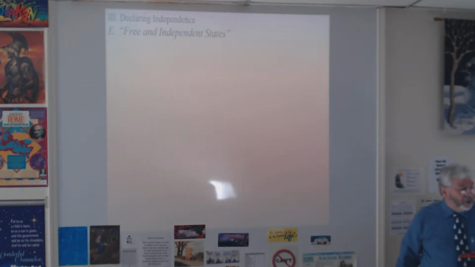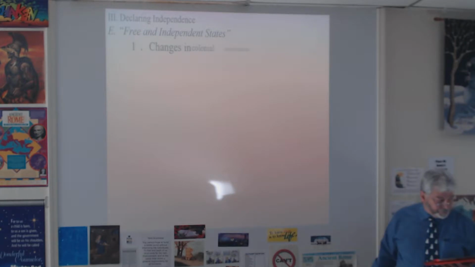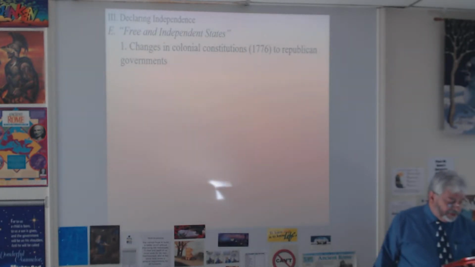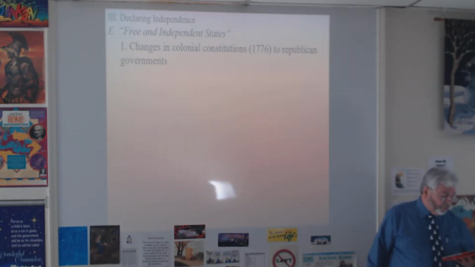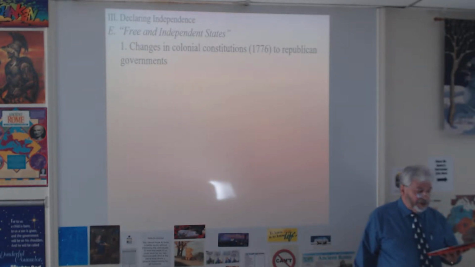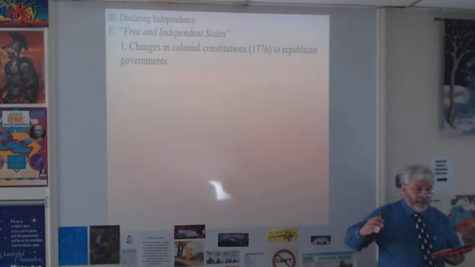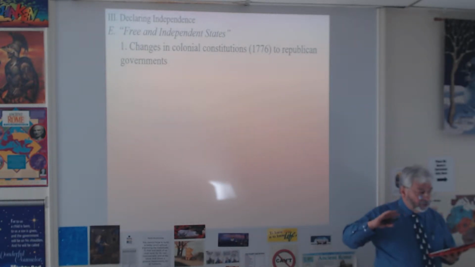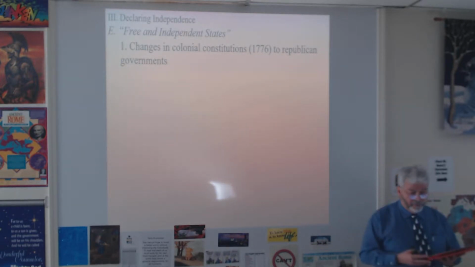So this part is called Free and Independent States. In 1776, changes were made in colonial constitutions. They changed from being a government which had a legislature which was subservient to the king to forming republican governments.